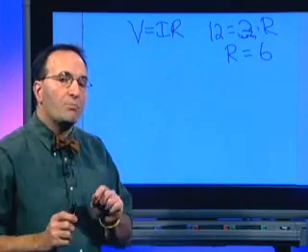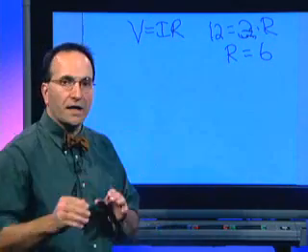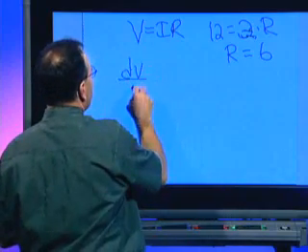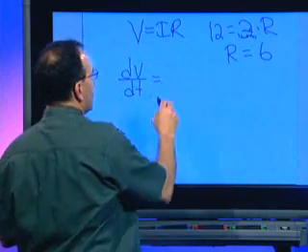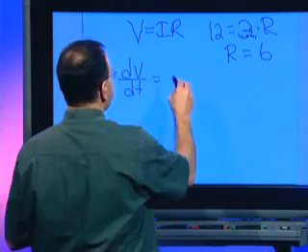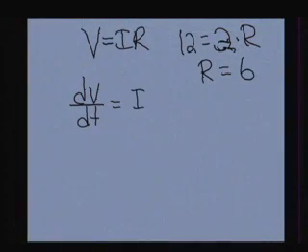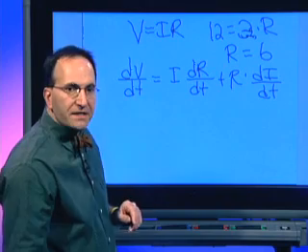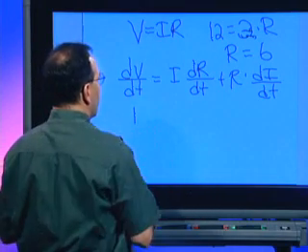Now, we go back to the part C answer, which is dV/dt is equal to I times dR/dt plus R times dI/dt. And what we have then, remember dV/dt, we were told at the beginning is 1.